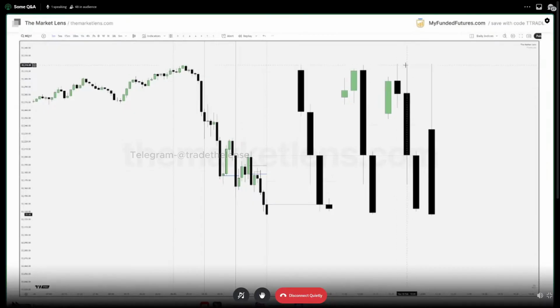If I'm expecting these wicks to hold right here and this to expand lower, I don't really care what I use to get an entry in here or in here. I just want to get on side, and then I use the lower time frames fractal model to align with that. So it's like on that YM example earlier, either worked. They both got you in at almost the same spot.